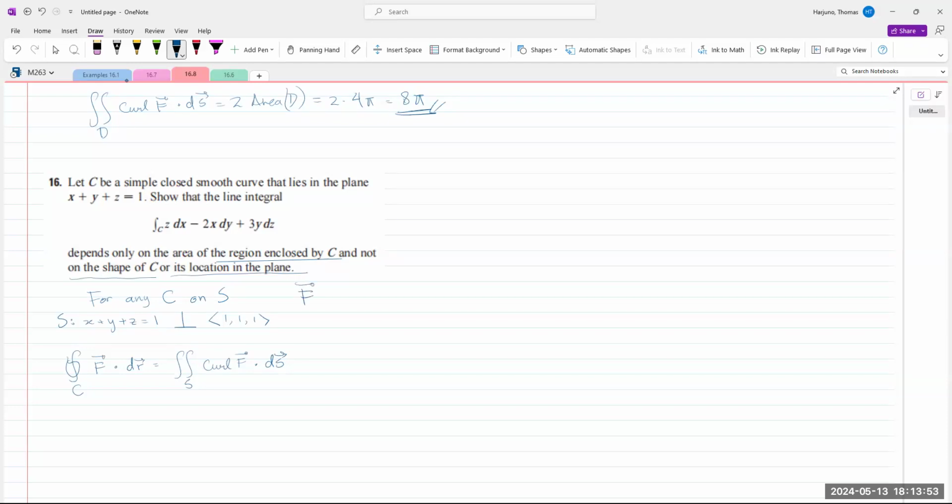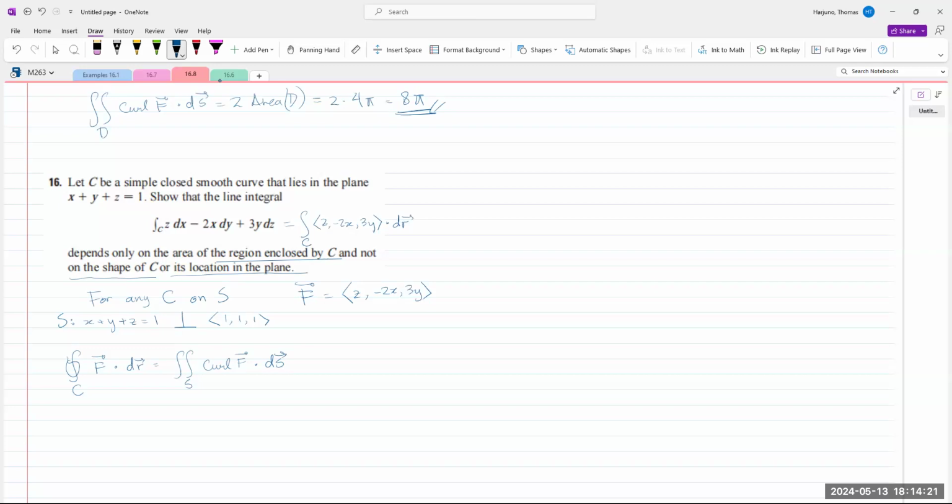Our vector field F is, the x component is z, the y component is negative 2x, the z component is 3y, right? Can you see that? We can rewrite this as the integral over curve C of z, negative 2x, 3y dot dr, right?